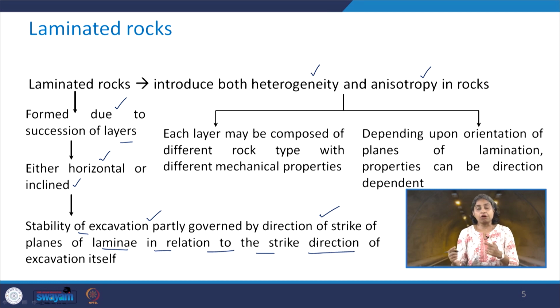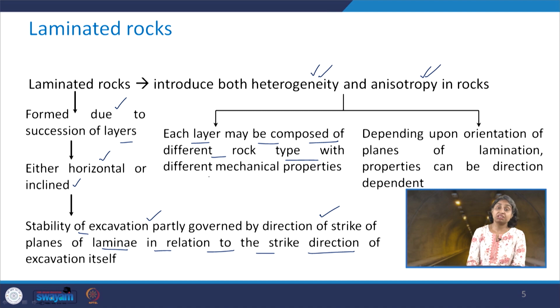When we talk about heterogeneity and anisotropy in rock, it comes from two situations. The first situation is that each layer may be composed of different rock types with different mechanical properties, because these layers form because of geological processes.